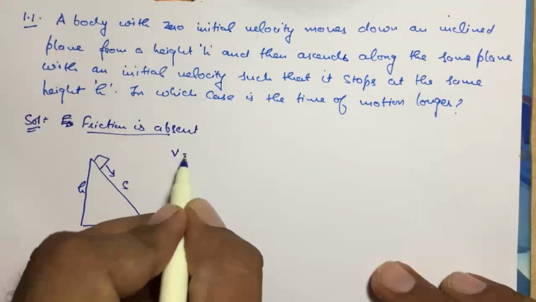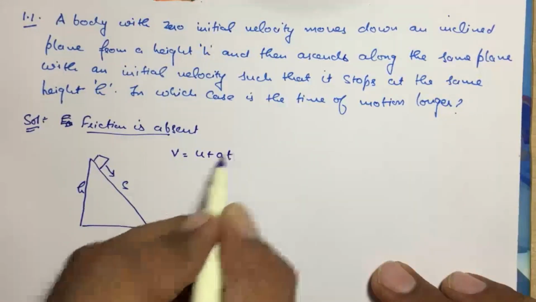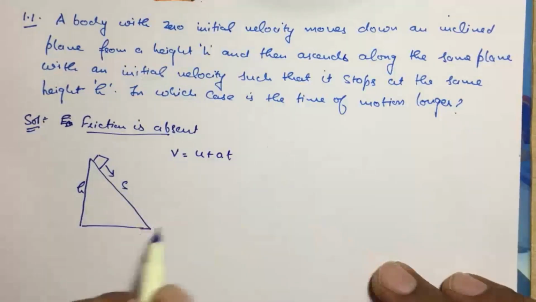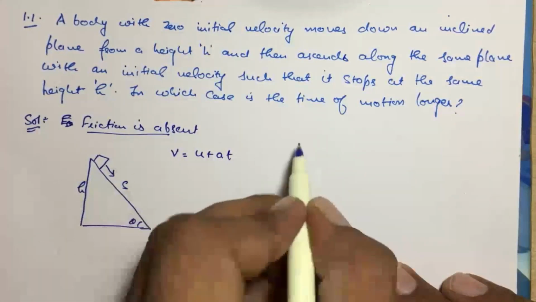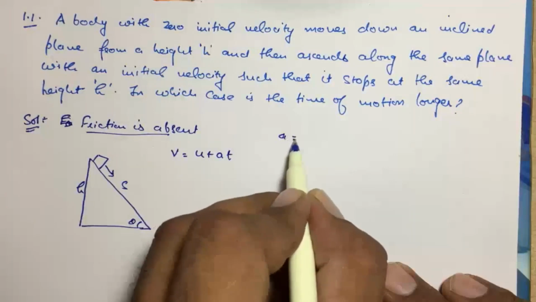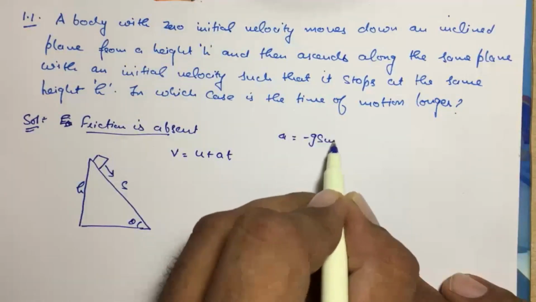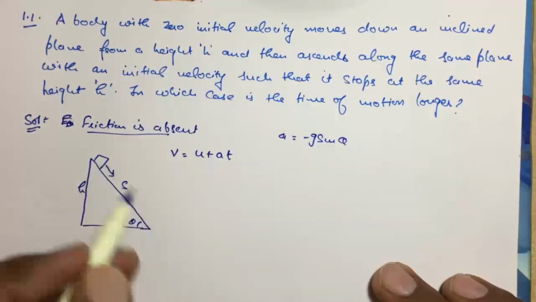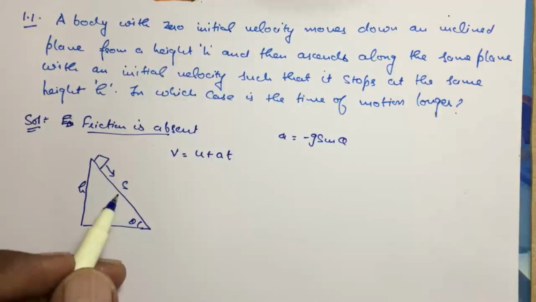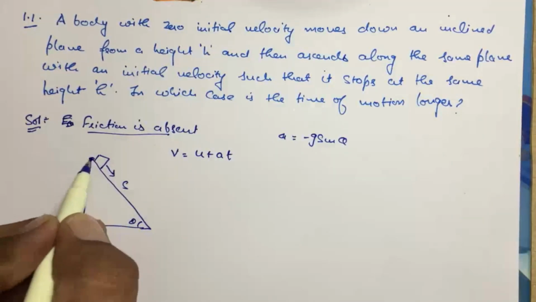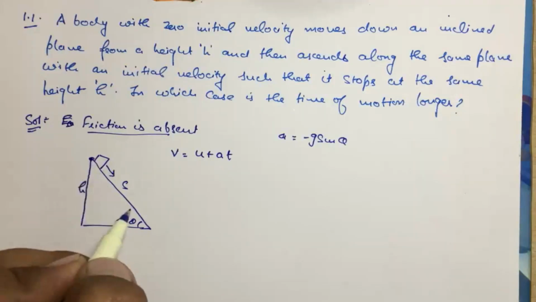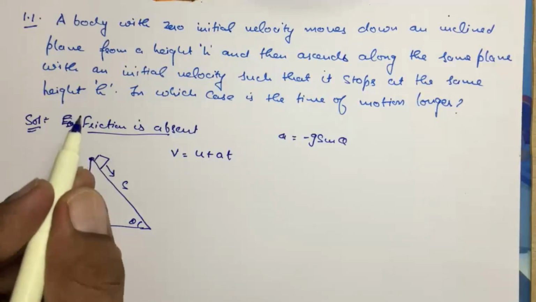Say v is equal to u plus at. Now the acceleration we can write like this. If this angle is theta, the acceleration is minus g sin theta, because the acceleration is downward, and the convention is that the point where the motion starts is taken as the origin. Anything downward is taken negative, anything upward is taken positive.